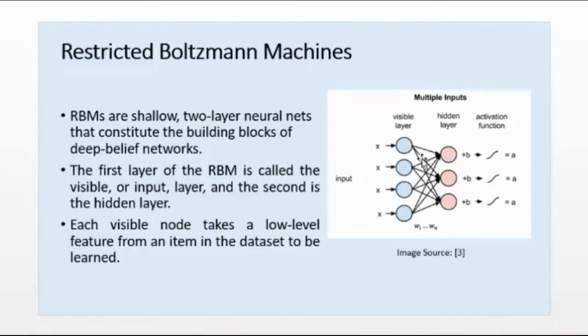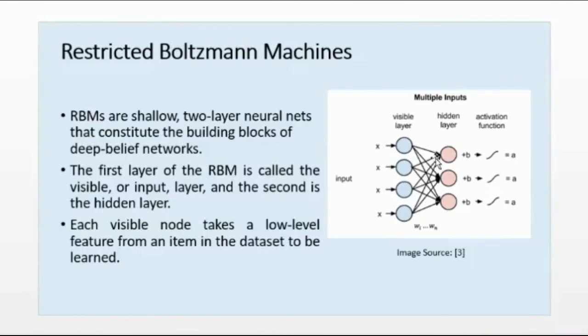So here, I am moving from this side to this side. If you see, the first visible layer node is connected to all 3 hidden nodes. Similarly, the second visible node is connected to each hidden node, and so on.